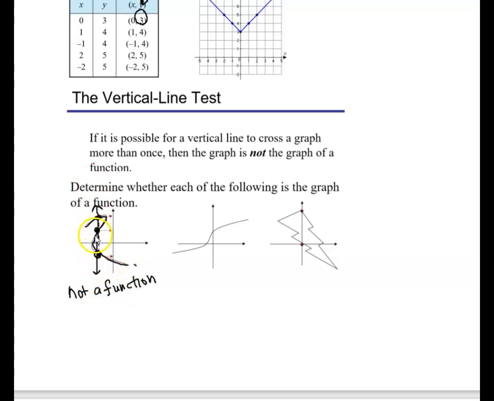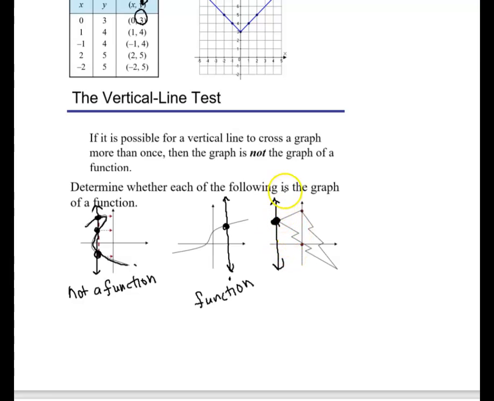So here's an example. If I draw a vertical line right here, it's going to hit it 1 time. If it hits it only 1 time, it is a function. Now, it has to be true in any location. So this is a good example. If I draw my vertical line right in here, that's a terrible vertical line, sorry. If I go right here at the very edge, you might say to me, well, Miss Hill, this only hits it 1 time at that very point.